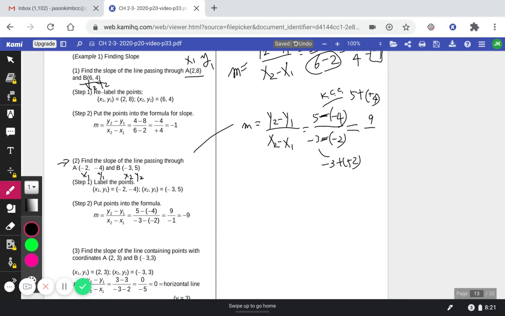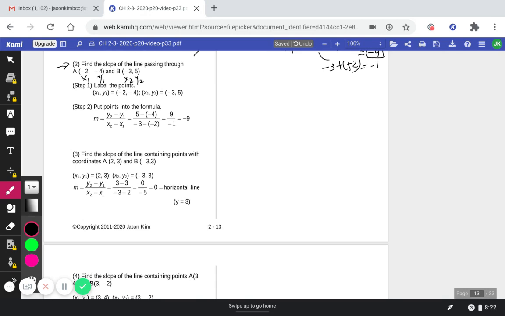Now it's addition. Do you have the same sign or a different sign? You have a different sign, so you subtract and keep the sign of the bigger number. So you end up with negative 1. So 9 over negative 1. What is 9 over negative 1? Negative 9. Okay. So the final answer is negative 9 for the second one.